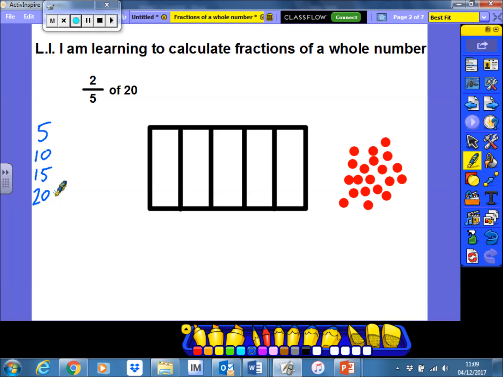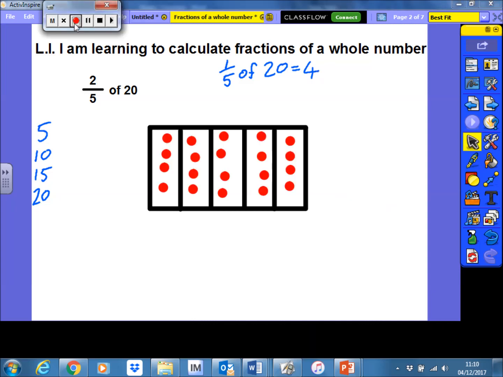So 1/5 of 20 should equal 4. I'll now show it with the counters just to double check my working. And we see exactly the same thing: when we split 20 into 5 equal groups, we end up with 4 in each group. So 1/5 of 20 is 4.